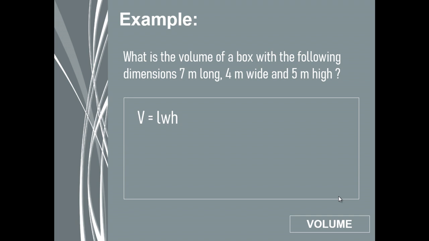Substitute for L, W, and H. So, 7 times 4 times 5 meters. Therefore, the volume of the box is 140 meters cubed, or 140 cubic meters.